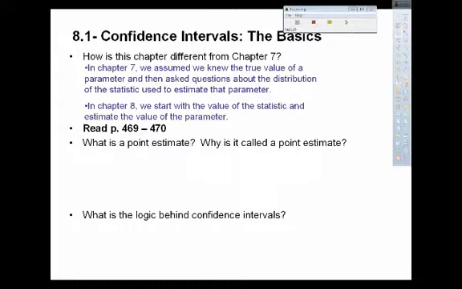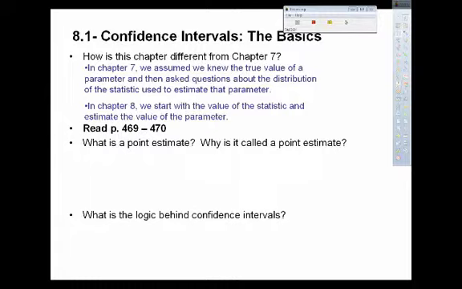It could be the sample mean, the sample deviation, or the sample proportion, but it has to be the sample statistic. And so what is the point estimate? A point estimate is a statistic that provides an estimate of the population parameter. Like I said, it can be a sample mean, a sample deviation, or a sample proportion.